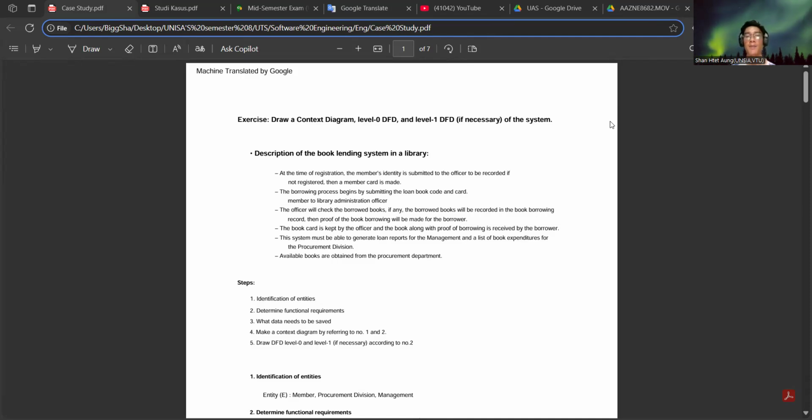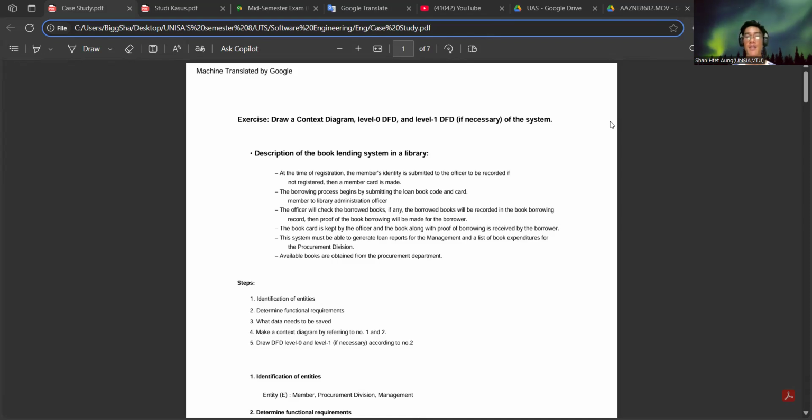So after the registration, probably the member can begin. So you can submit the loan book code and the member can give it to the library administration officer.